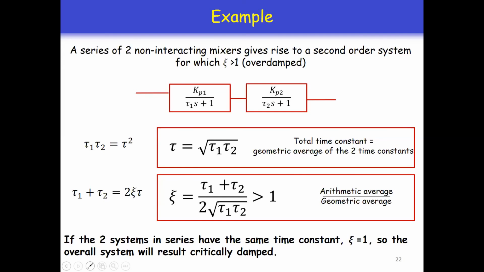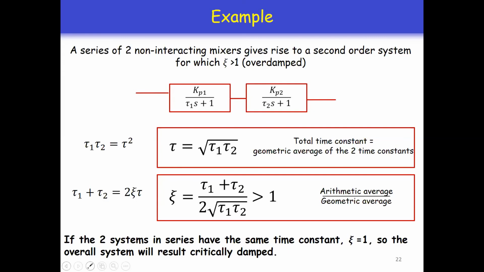Over. So the series of two non-interacting first-order systems gives rise to a second-order overdamped system, because the arithmetic average between tau 1 and tau 2 always exceeds the geometric average.